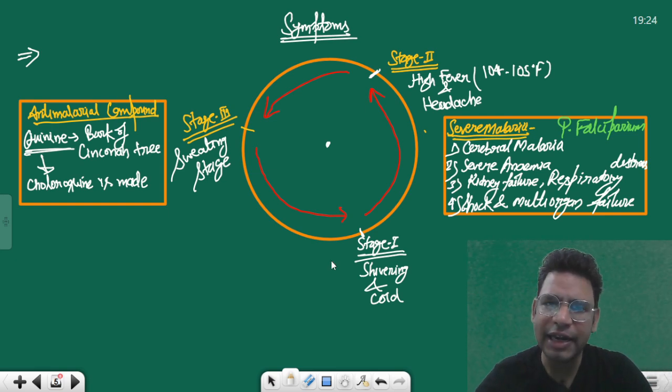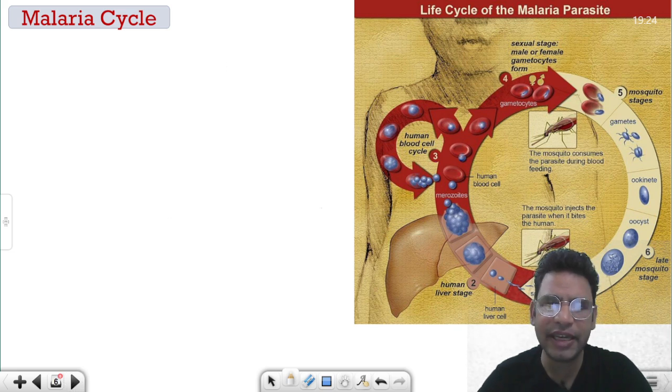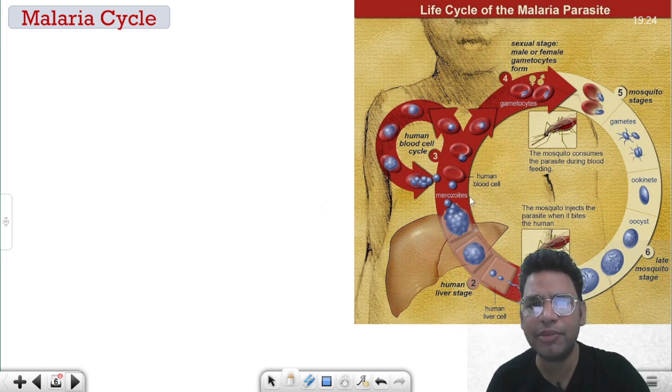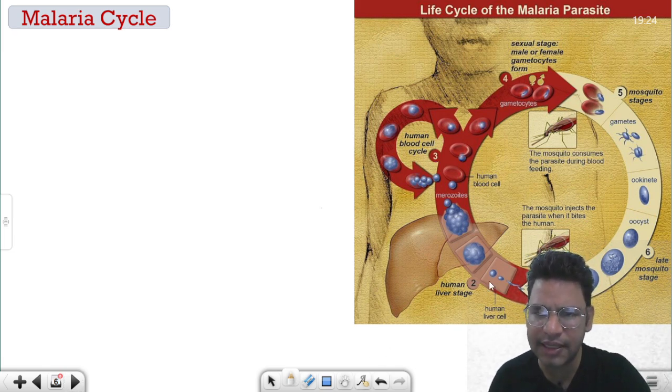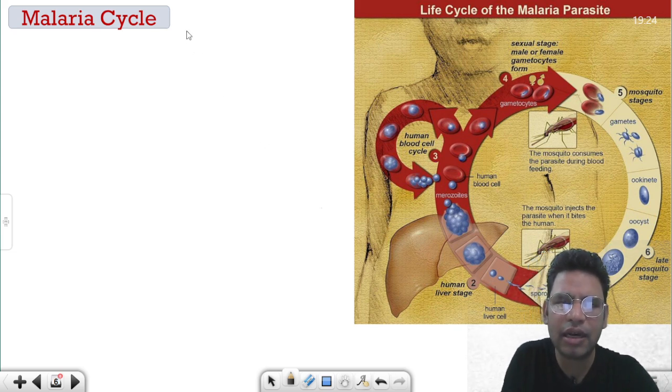All right, let me tell you the malaria cycle, which I am discussing. This is the malaria cycle. You should know this malaria cycle stage. When an infected female Anopheles mosquito bites, this is stage number 1.